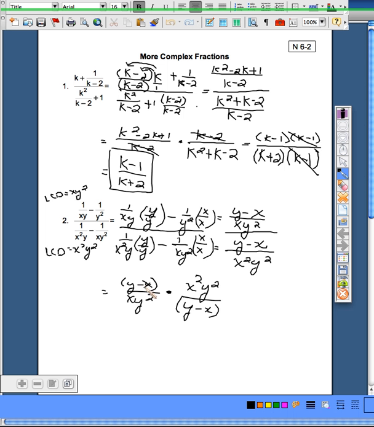We can't cancel those out unless the whole factor cancels. It so happens this one does match, so y minus x can cancel with the y minus x in the denominator. The y squareds can cancel out completely. x squared over x is going to be x. So this 1 x is going to cancel one of these. So we're left, the answer to this, simplified, is just x.